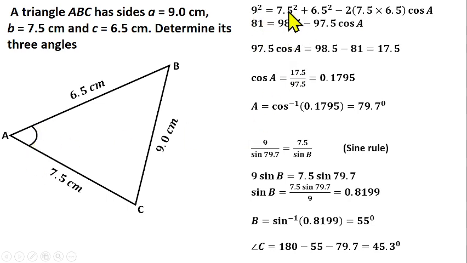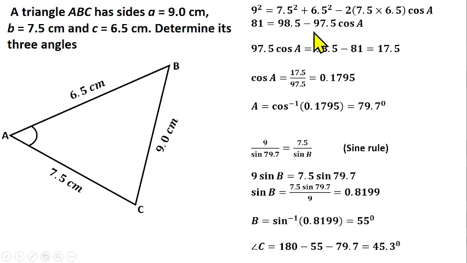9 squared is 81. Okay, sorry, you have done everything straight. This plus this, if you do 7.5 squared plus 6.5 squared, that gives us 98.5. Then 2 times 7.5 times 6.5 gives us minus 97.5 cos A. Then from there we can collect like terms.